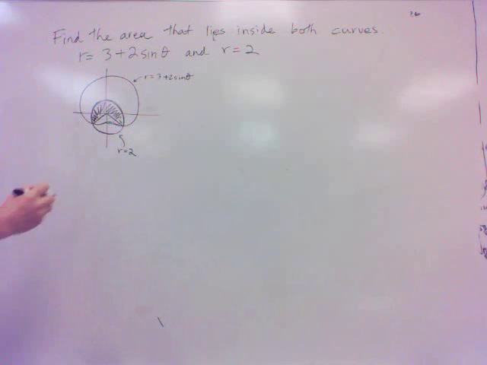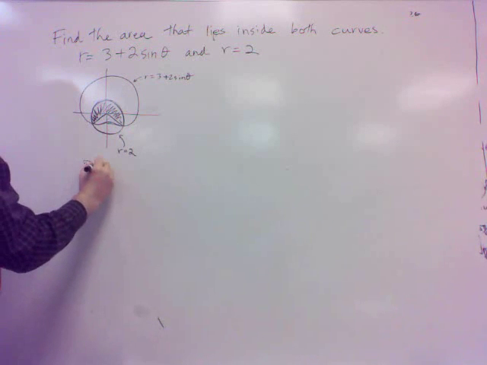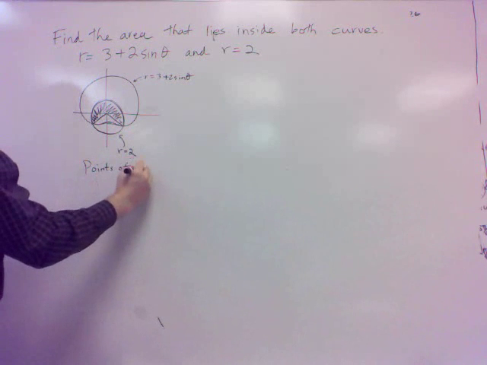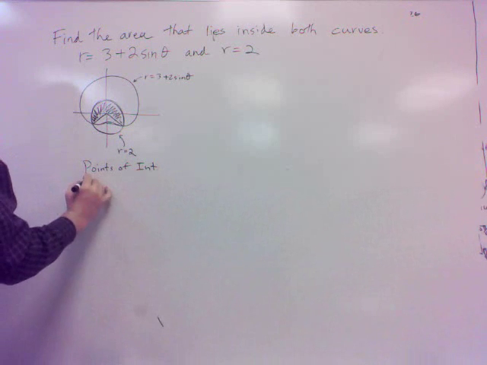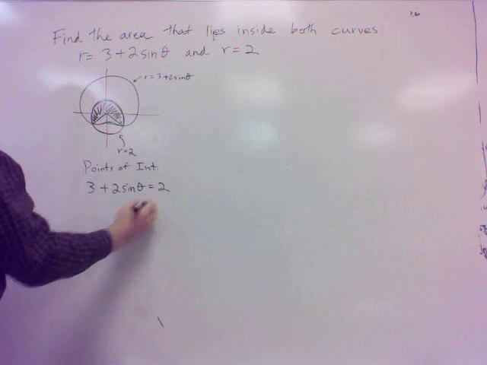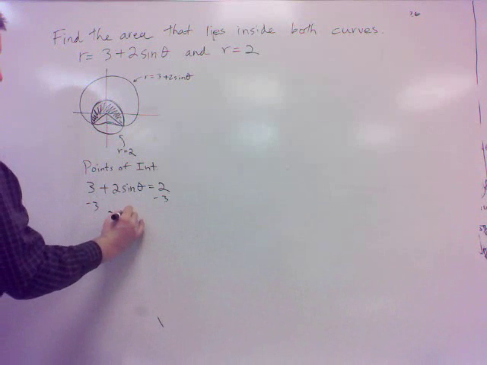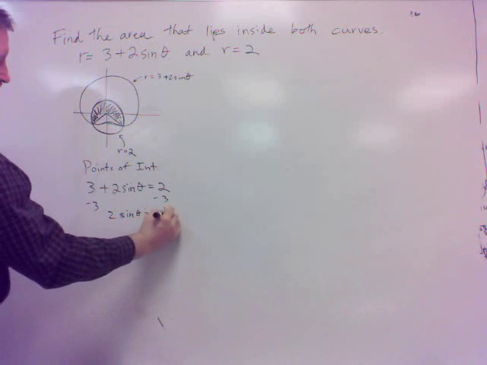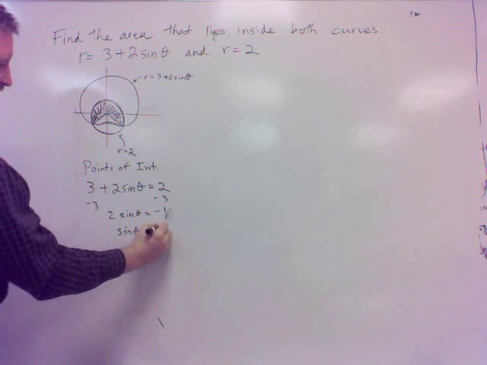All right. But again, one other thing this depends upon is the points of intersection. And so I need to set those equal to find that. Subtract the 3, 2 sine theta is -1/2, -1, and then divide by 2, sine of theta equals -1/2.